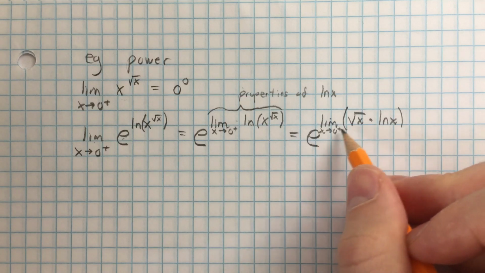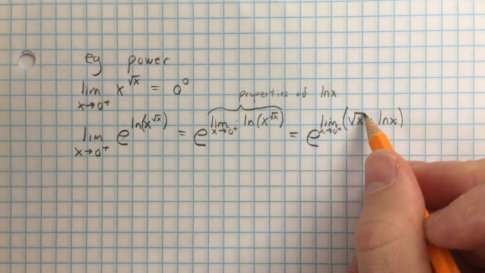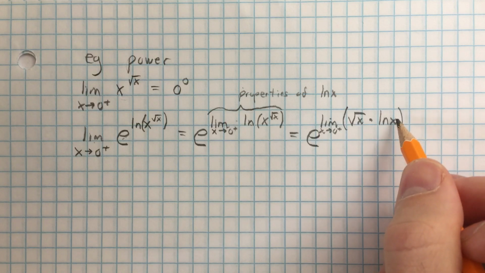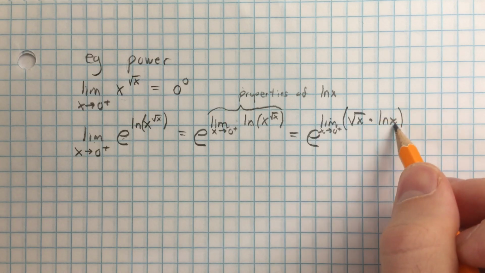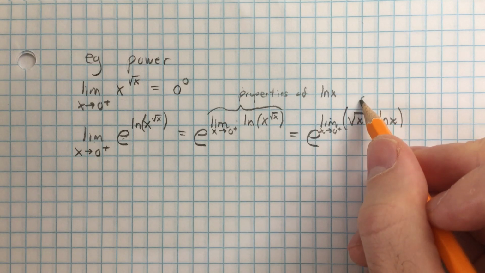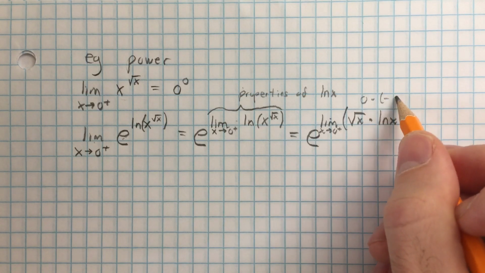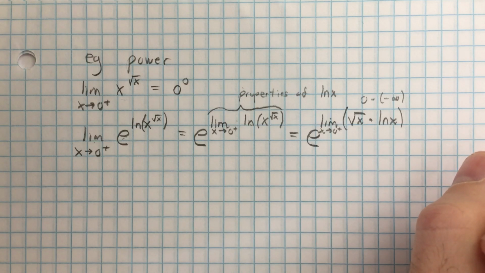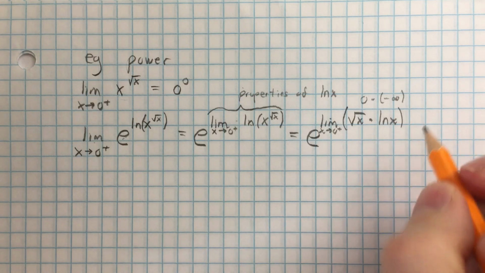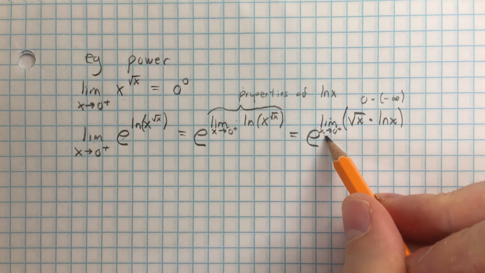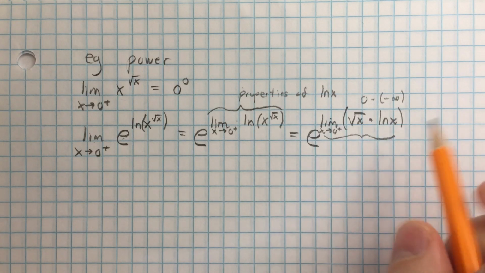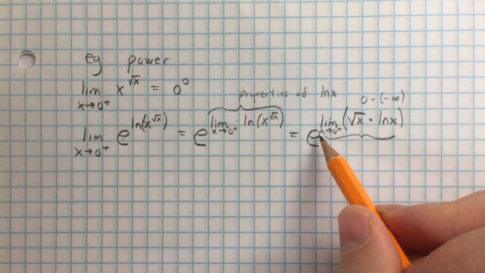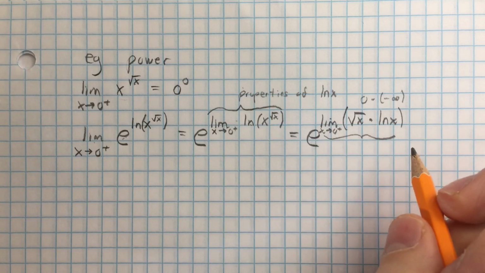So as x approaches 0, this factor is heading towards 0. As x approaches 0 from the right, this factor is heading towards negative infinity. This is now a 0 times negative infinity indeterminate product. Okay? So I'm going to now take this limit out of context, even though by the end I'll have to re-put it into this exponential function.